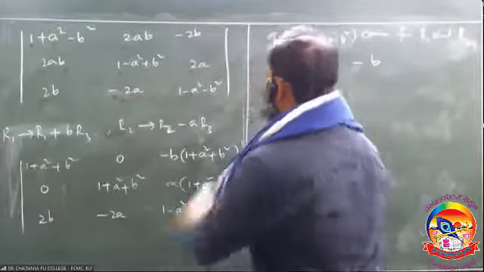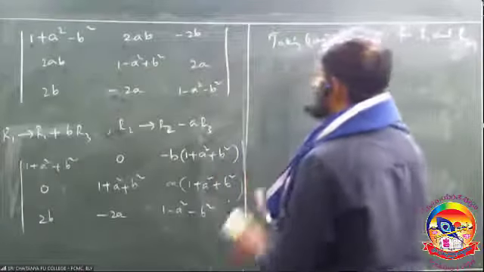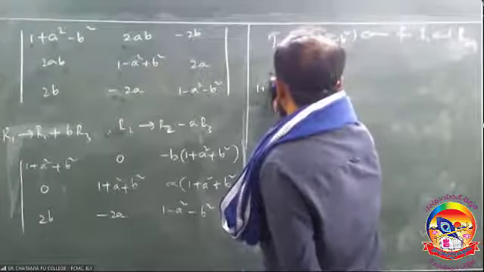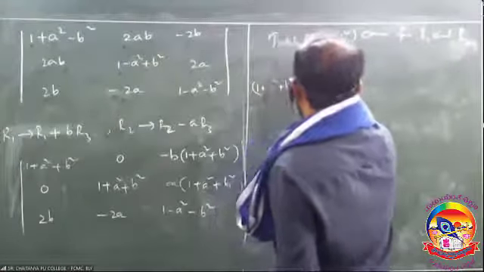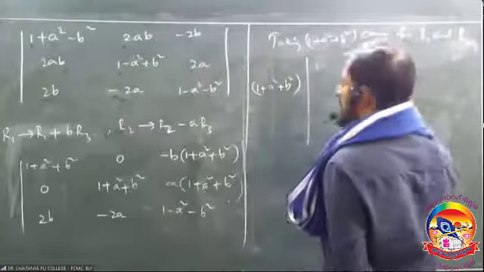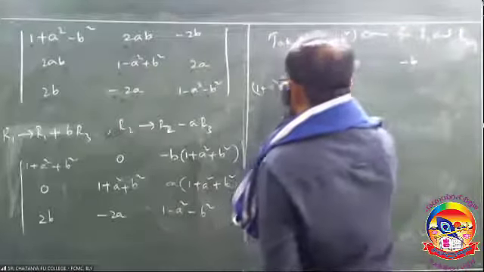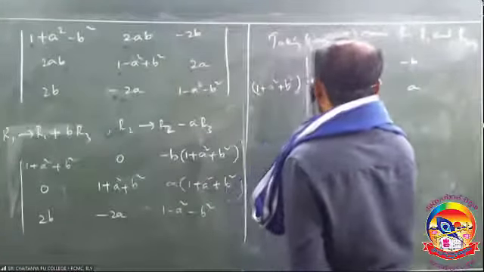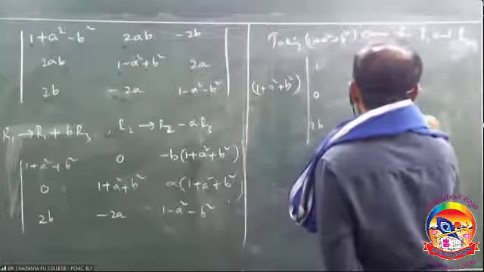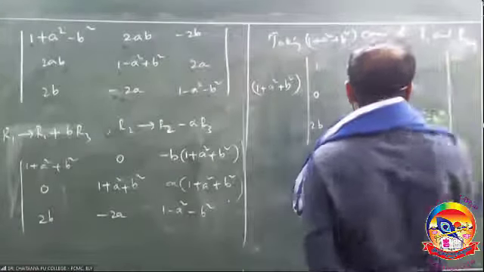This is outside now, 1 plus a square plus b square is outside. And in the determinant you are going to get 1, 0, minus b. Okay, 0, 1, a, and the third one 2b, minus 2a, 1 minus a square minus b square.